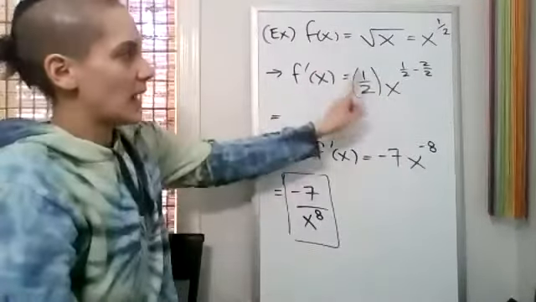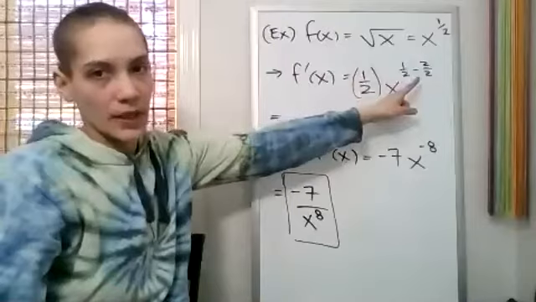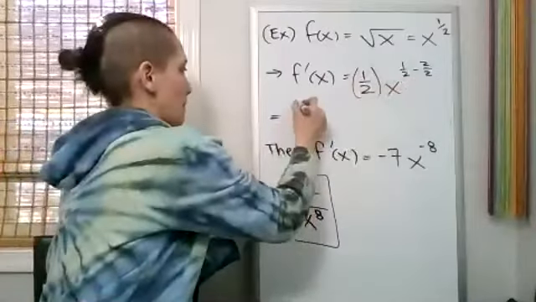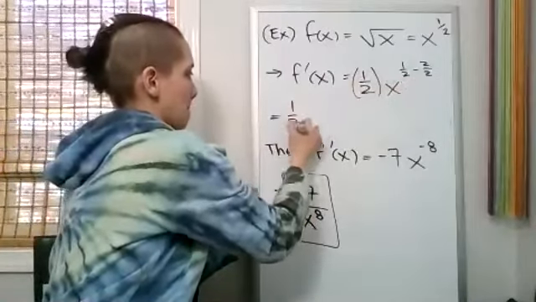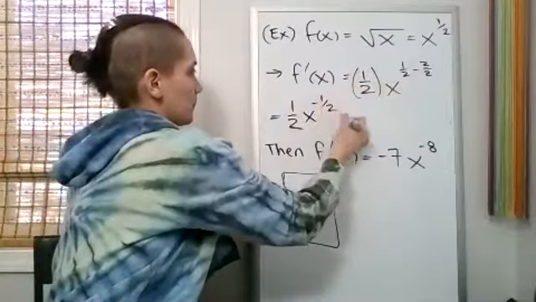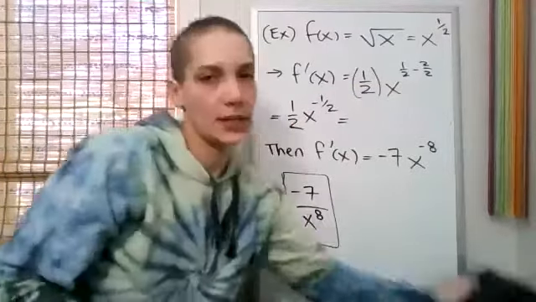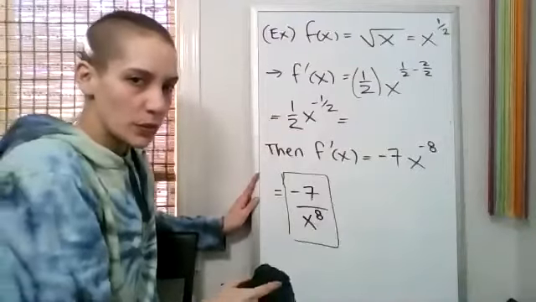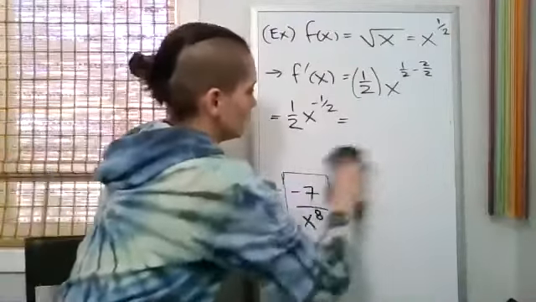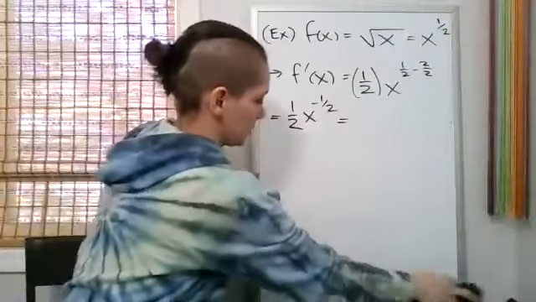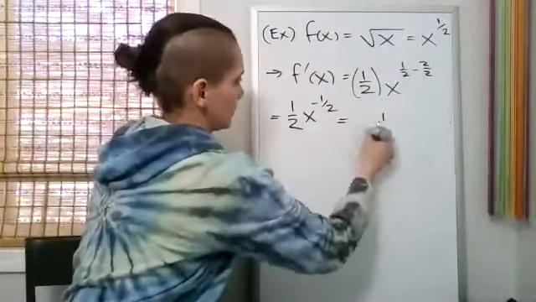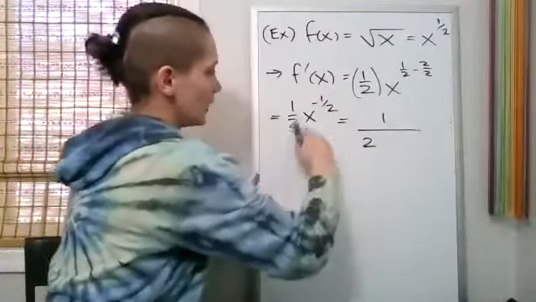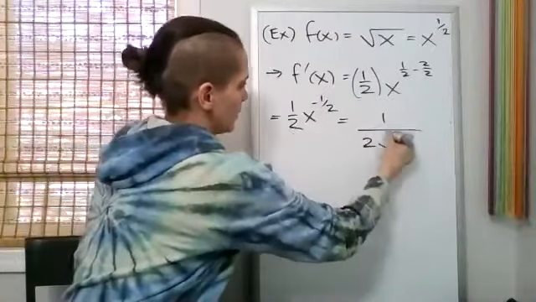So 1/2 times x to the -1/2. Which we can make look a lot cleaner if we write 1 over 2 root x. Just bring that to the denominator. I'm going to change it back to a root.